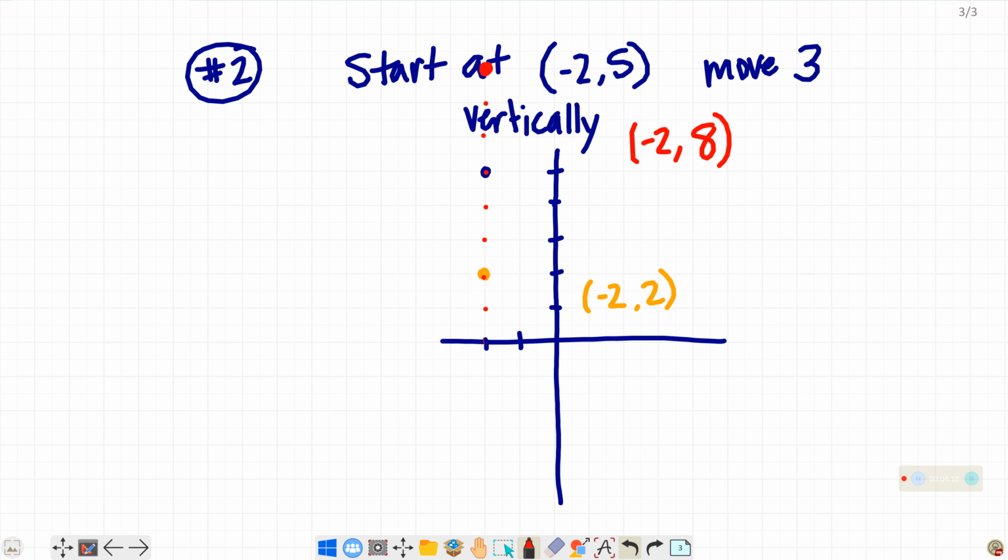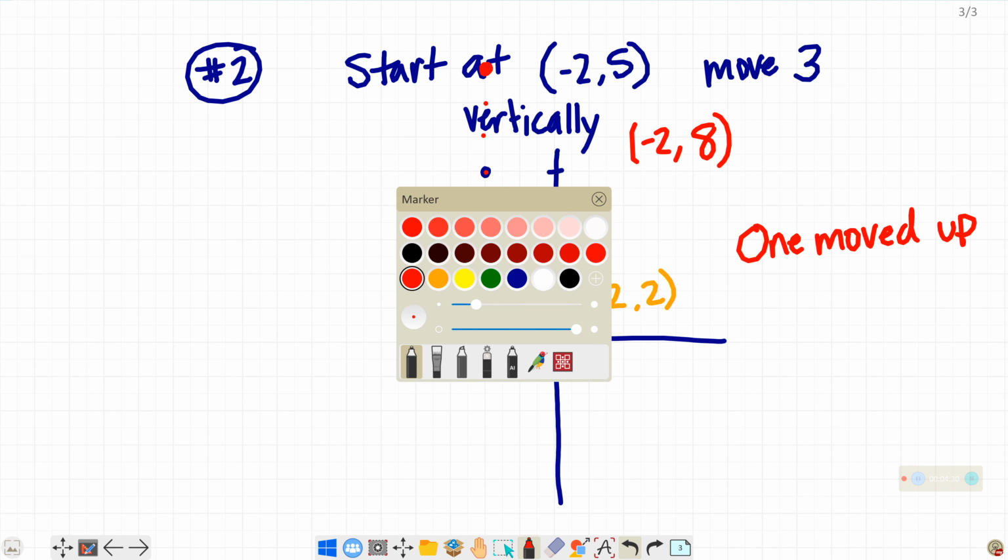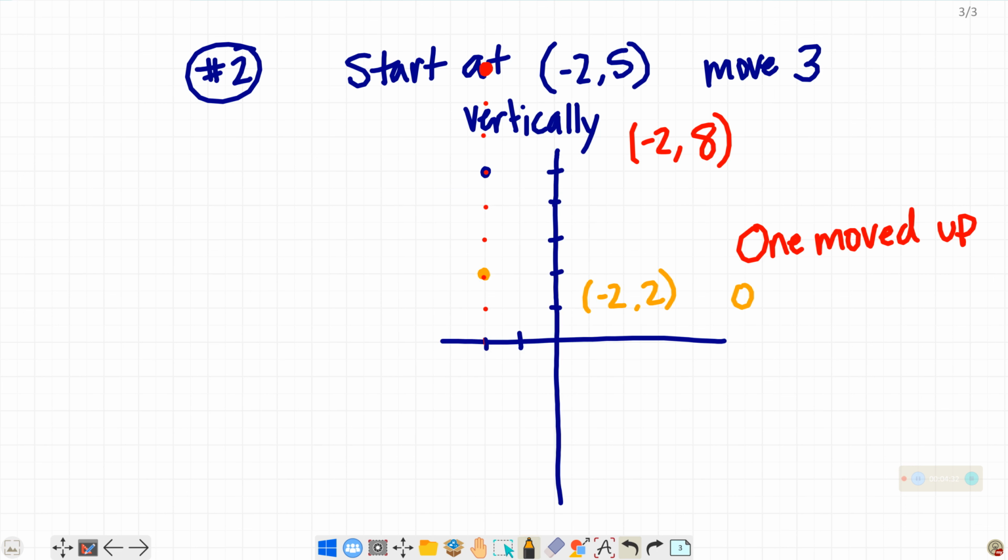It asks us, how is this possible? Well, one student moved up and the other moved down. So we end with 2 different points, (-2, 2) or (-2, 8), depending on whether they moved down or up.